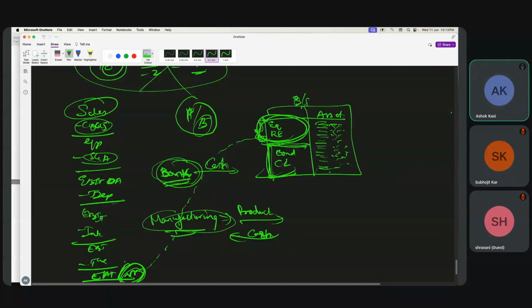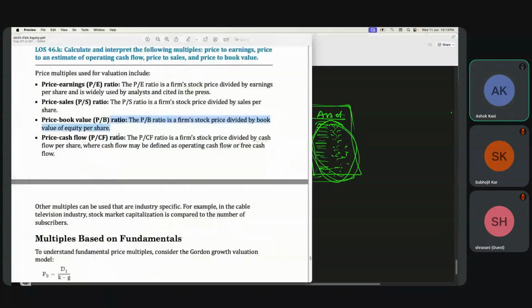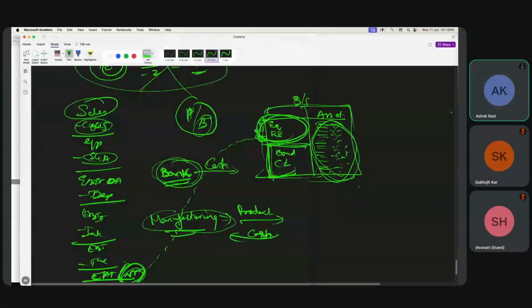So the assets of the company are very high. Such a company we can also value using price to book value. These are the companies we should value using price to book.